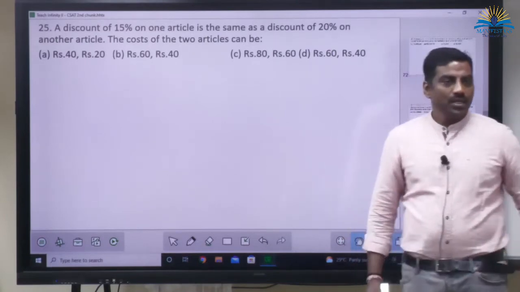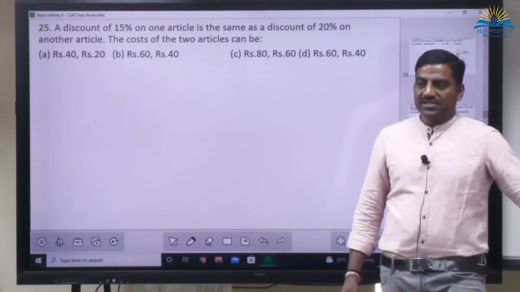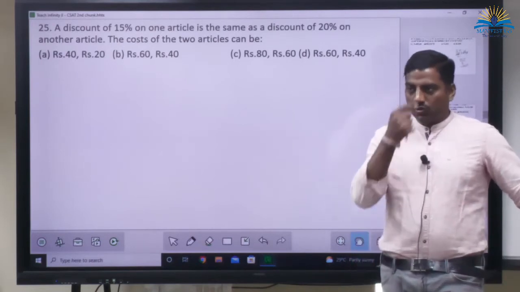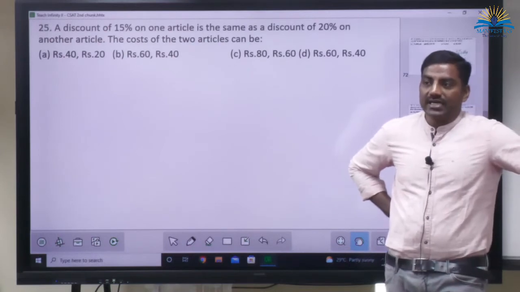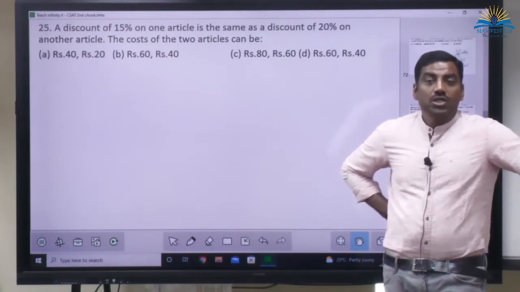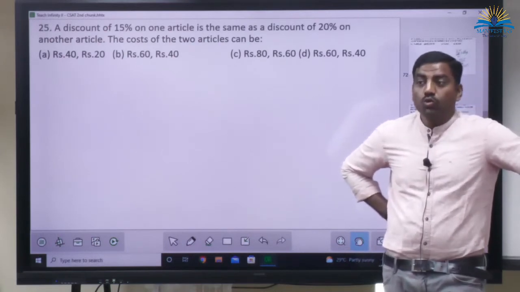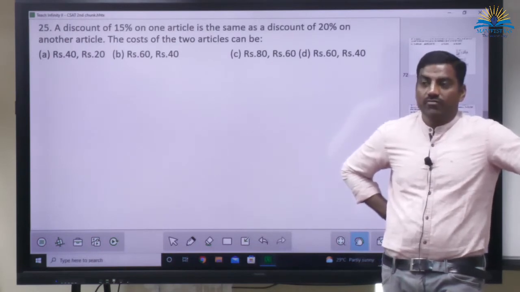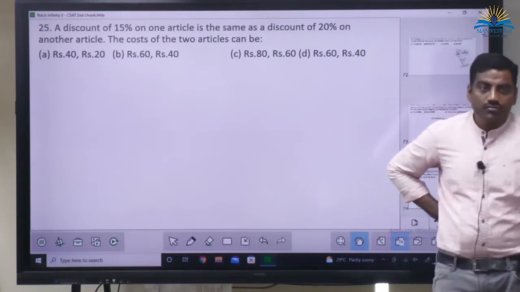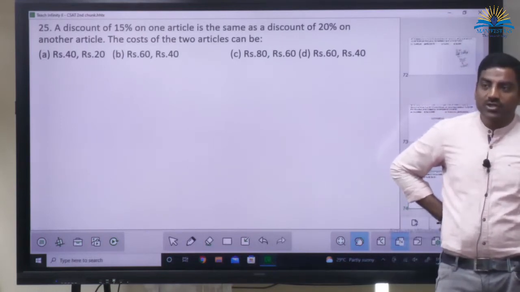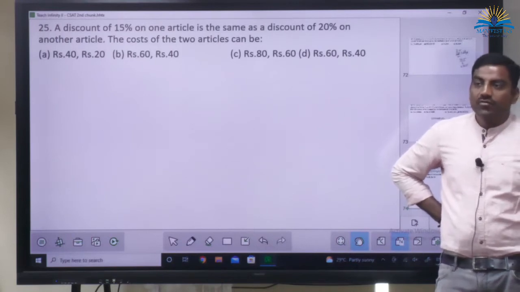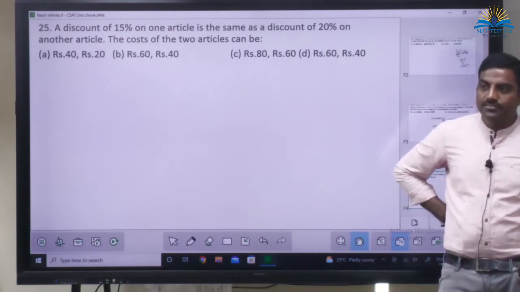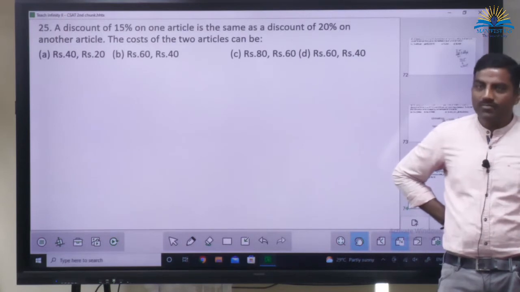A 15% discount on the first article is equal to a 20% discount on the second article. Whose cost price is more, the first one or the second one? Which is costlier? The first one.